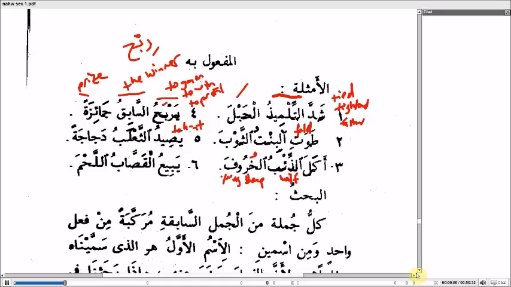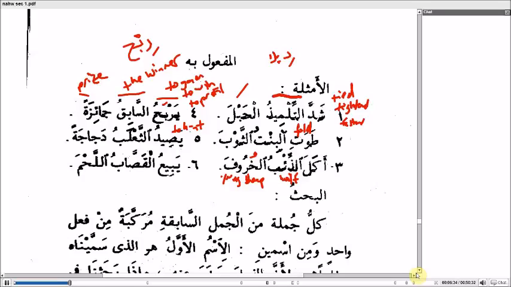To hunt. الثعلب is a fox. Dajaja is a chicken. So the fox hunts the chicken. Rooster is deek. Dajaja, female, is that.